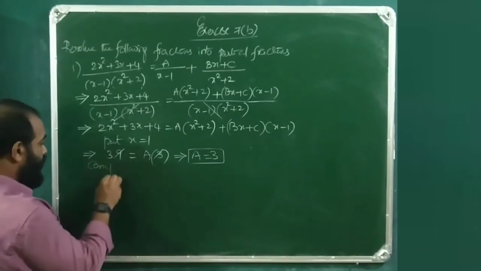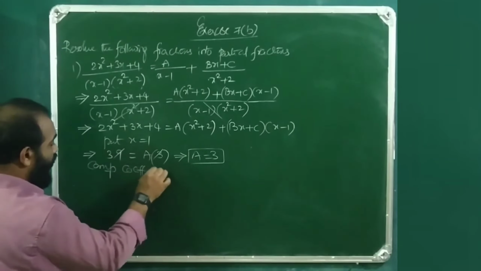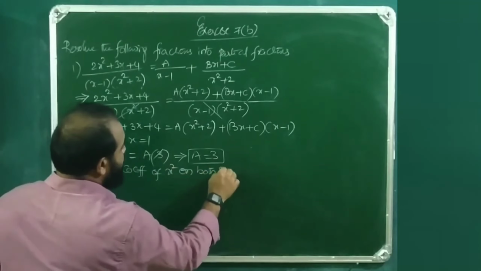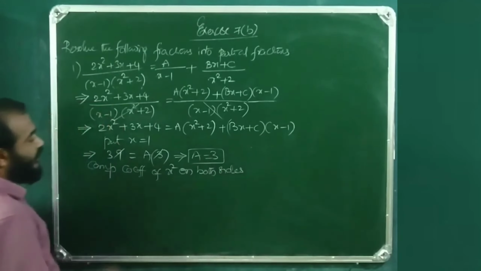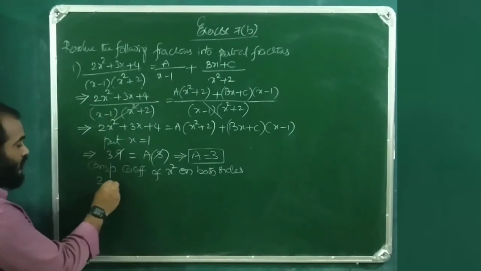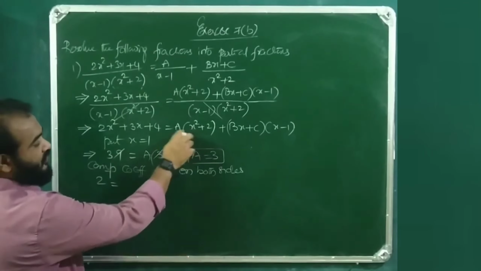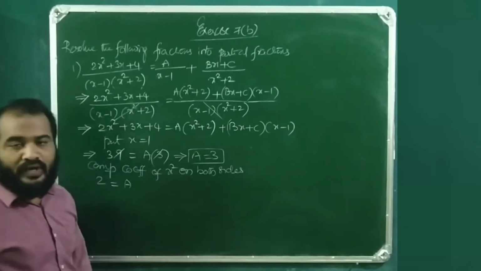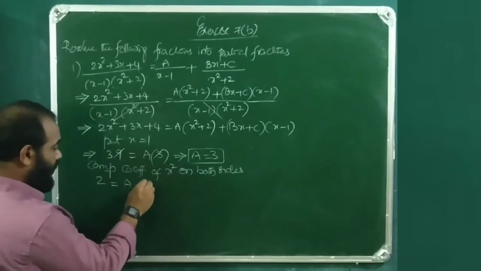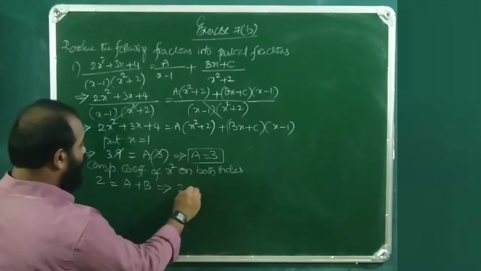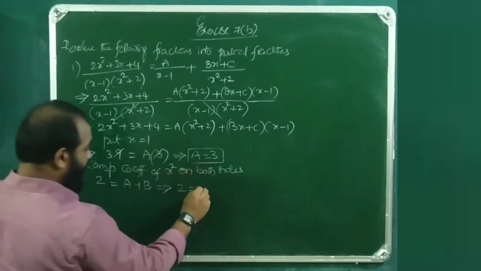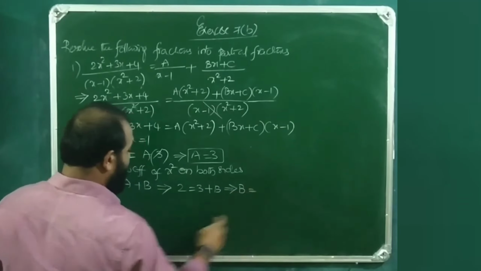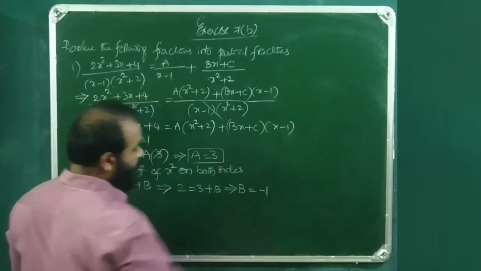Comparing coefficient of x square on both sides. Here the coefficient of x square is 2. Here the coefficient of x square is A. So here bx into x, bx square. So the x square coefficient is b. So from this 2 is equal to A value 3 plus b. From this b is equal to 2 minus 3, which is minus 1.